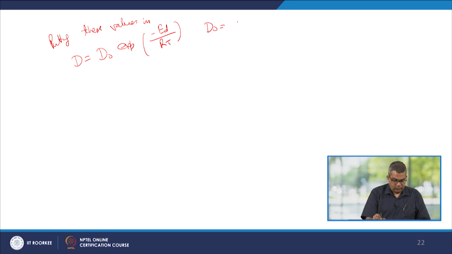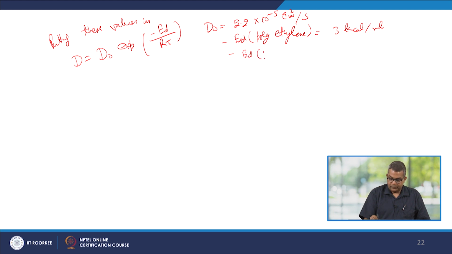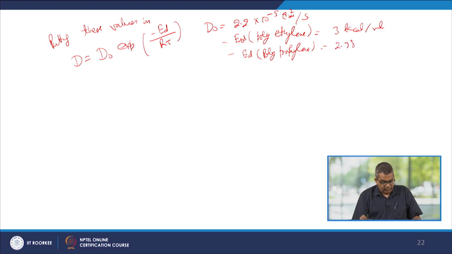Now, D naught is equal to 2.2 into 10 to the power minus 5 centimeter square per second, and the ED values are: polyethylene 3 kilocalorie per mole, polypropylene 2.78 kilocalorie per mole, and polyisobutylene 5.4 kilocalorie per mole.